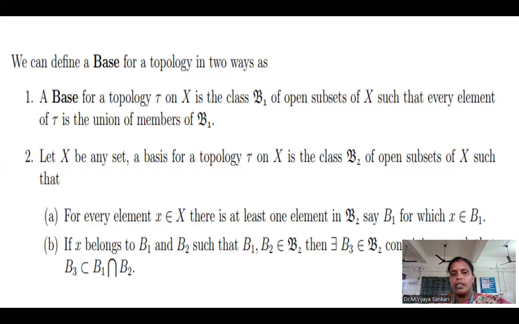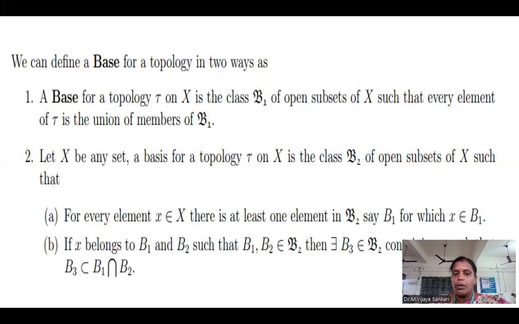Second condition: let capital X be any set. A basis for a topology tau on X is the class B2 of open subsets of X such that for every small x belonging to capital X, there is at least one element, say B1, for which x belongs to B1.